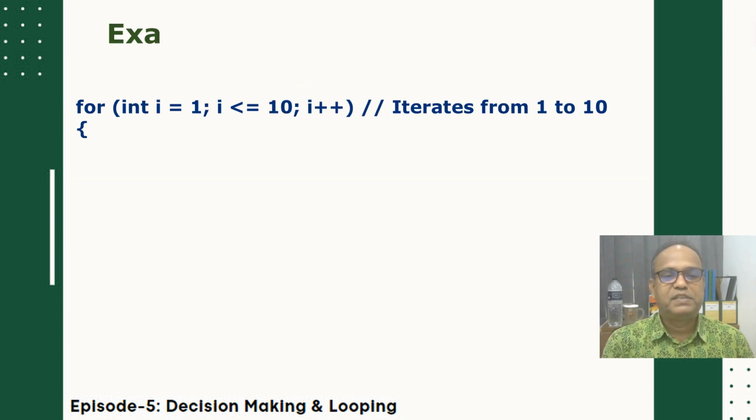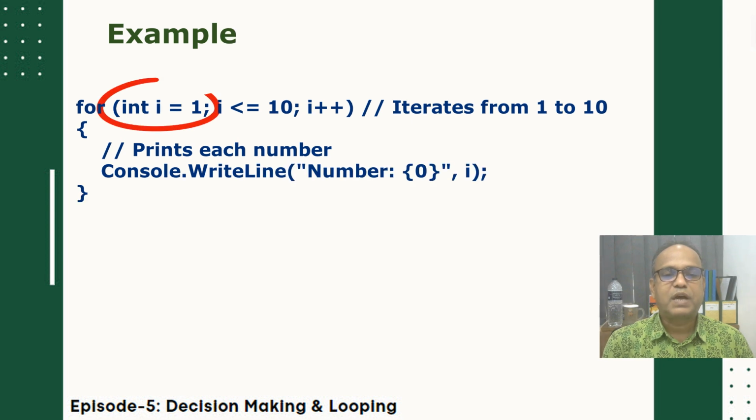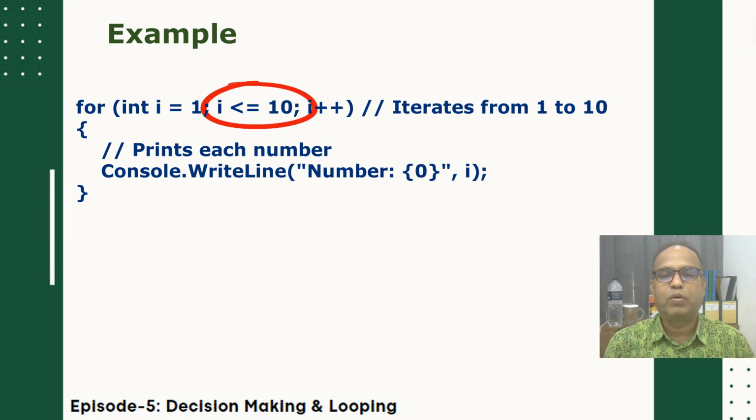Example: initialization, int i = 1, declares and initializes the loop counter variable i with the value 1. Condition: i <= 10 checks if i is less than or equal to 10. If true, the code block executes.